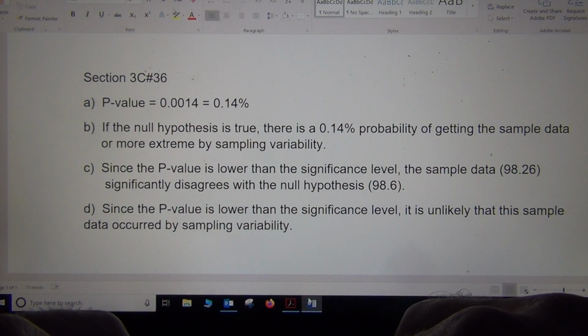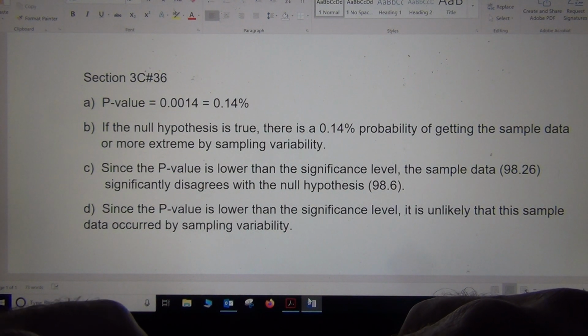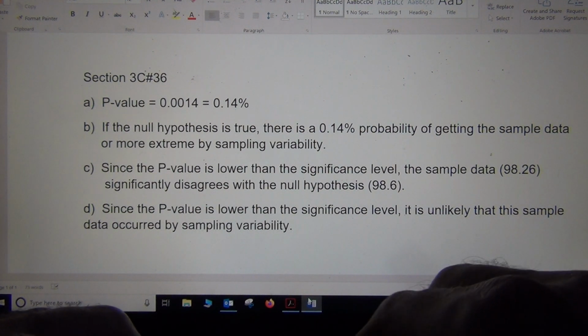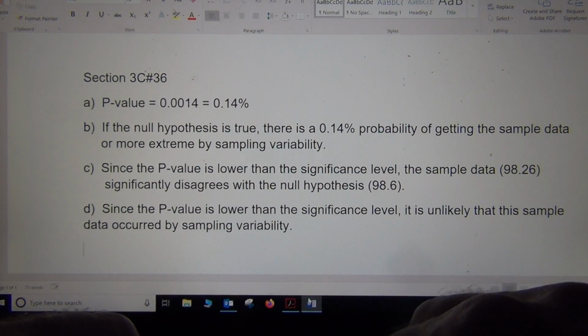And remember, we said there's only two reasons why the sample data disagrees with the null hypothesis. Either the null hypothesis could be right and the sample data disagrees because of sampling variability, or the null hypothesis could be wrong and it's not sampling variability. So since this is not sampling variability, that's what allows us to reject the null.